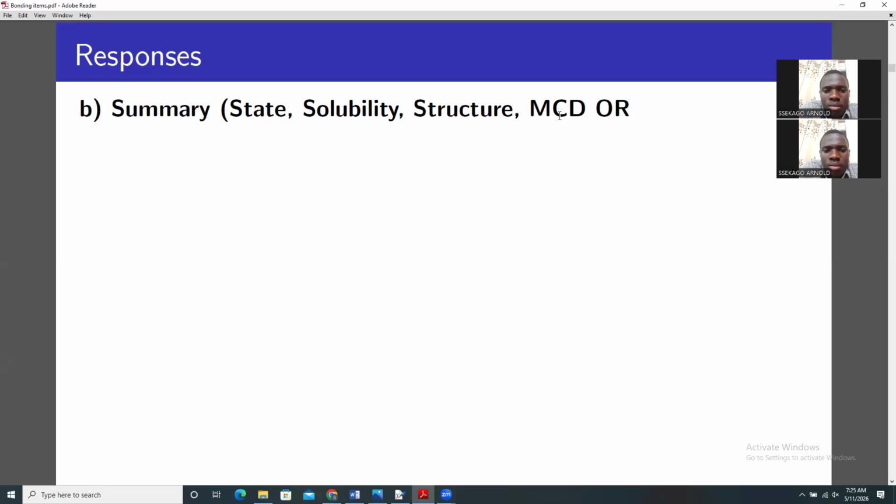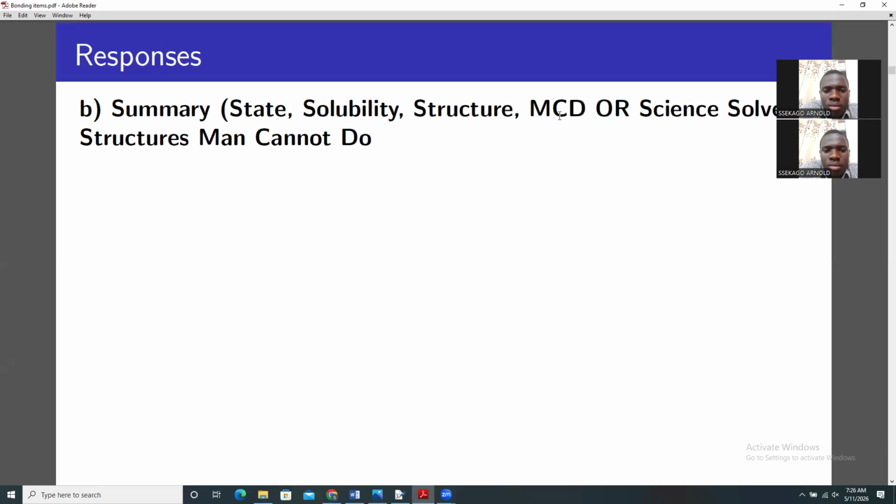Then D stands for density. So we have state, how the substance looks physically. For example, it can be a solid, a liquid, or a gas. Solubility, that is how it behaves when it is dissolved in a solvent. The structure of that substance. M for melting point, C for conduction, and D for density.